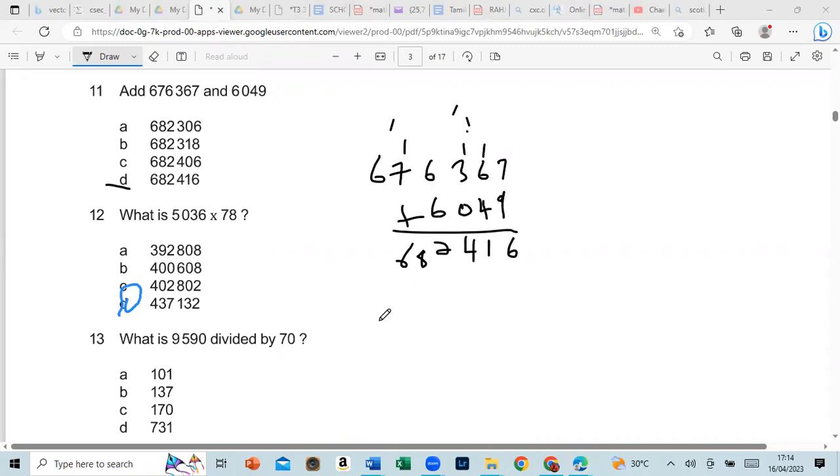Let's rub it off so we can see. What did you get for the product?